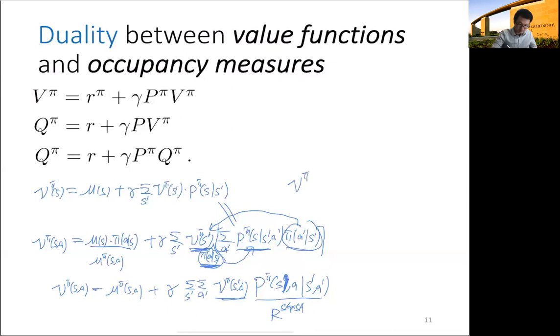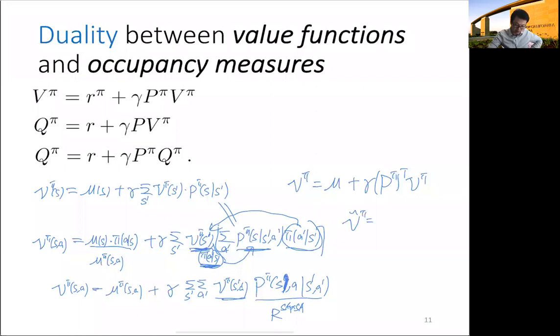So this is equal to mu plus gamma P pi transpose nu pi. Down here, when we use the state action occupancy measure, let me add the tilde.